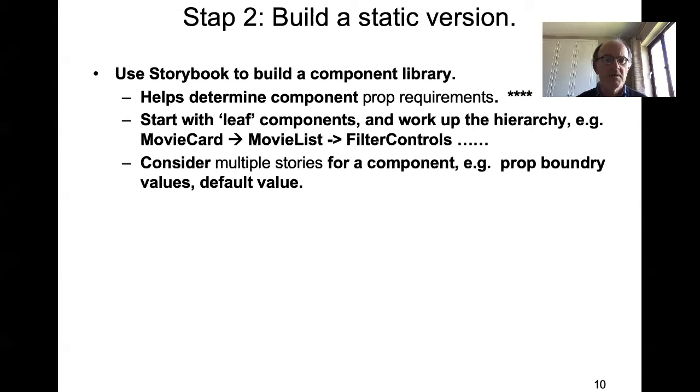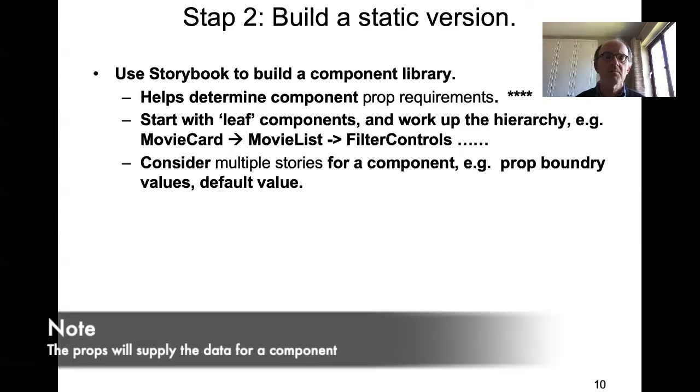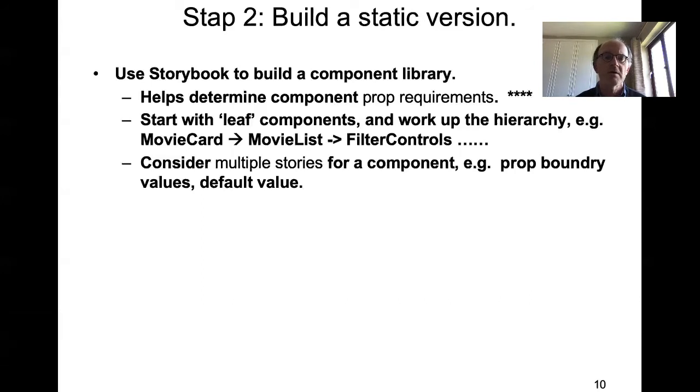And as well, when you're using Storybook, you should be able to work out what props the low-level components actually require. And thirdly, it may be a case where some components may have multiple stories or multiple renderings depending on the values of the props.